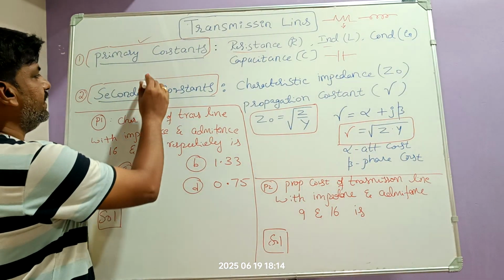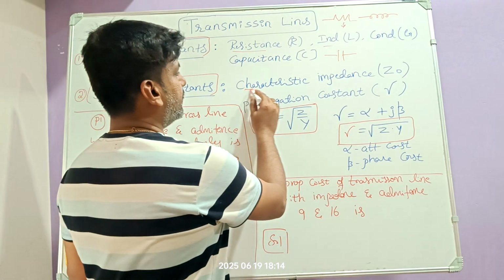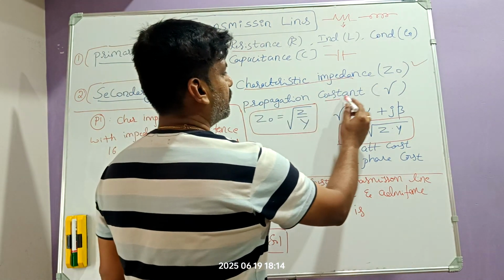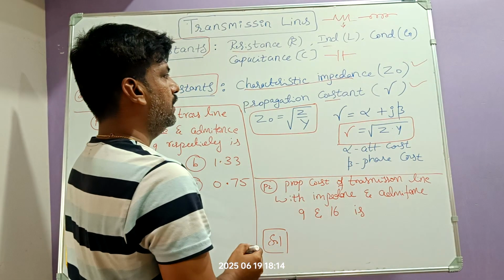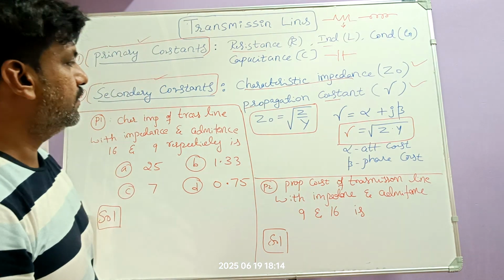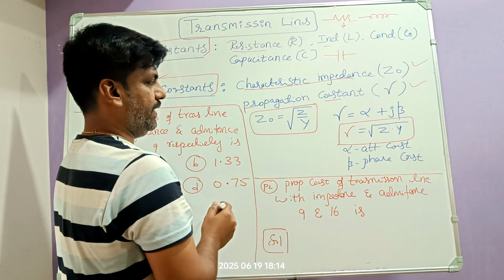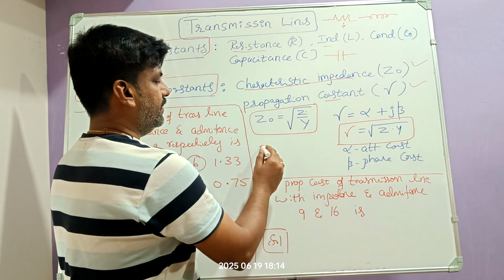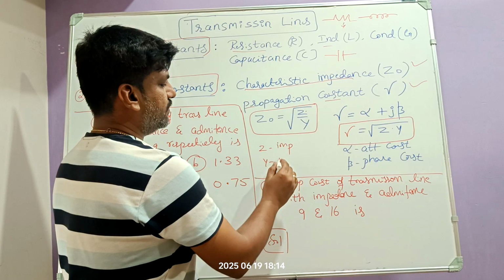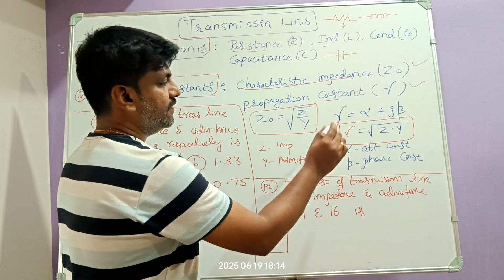Then which are the secondary constants? So secondary constants are characteristic impedance Z0 and propagation constant gamma. The characteristic impedance is represented by Z0 is equal to root of Z divided by Y, where Z is impedance, Y is admittance, right?